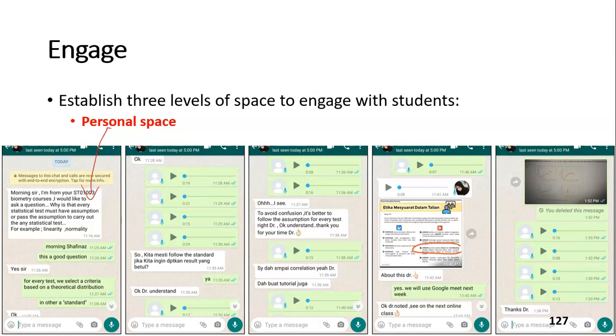They cannot articulate their question, their idea, their problem in text. WhatsApp is quite a multi-dimensional tool. You can use voice, image, video, or text. So it's really a good tool that you can use to engage at the individual level to fit the needs of the student.